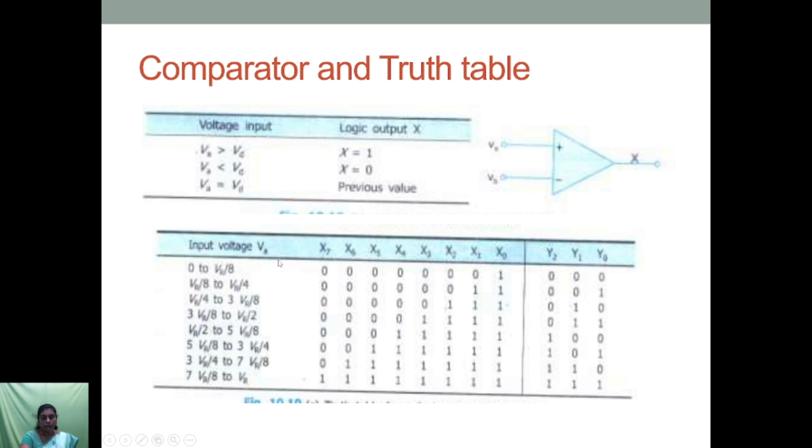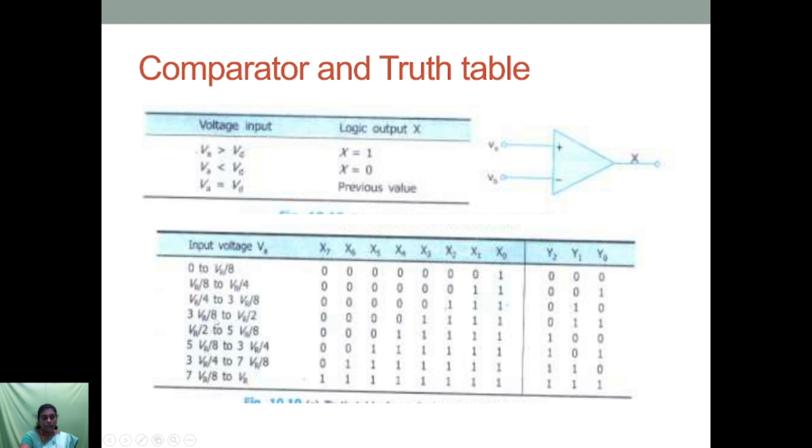Similarly, if the input voltage lies between VR divided by 4 to 3 VR divided by 8, then in addition to x0 and x1, x2 is also set as 1. So in this case, the 3-bit output will be 0, 1, 0.